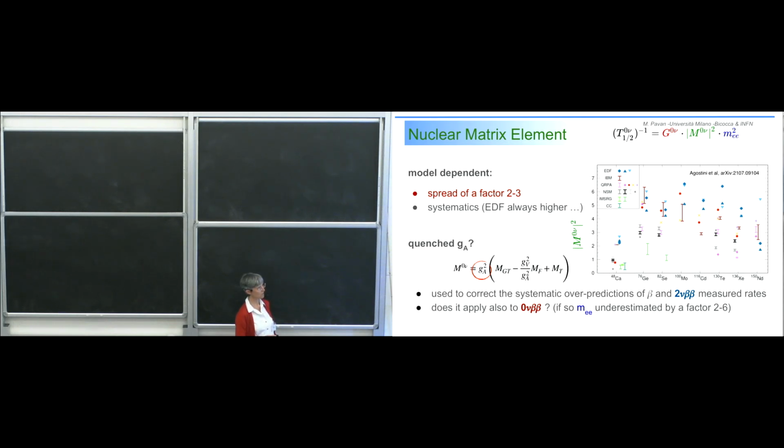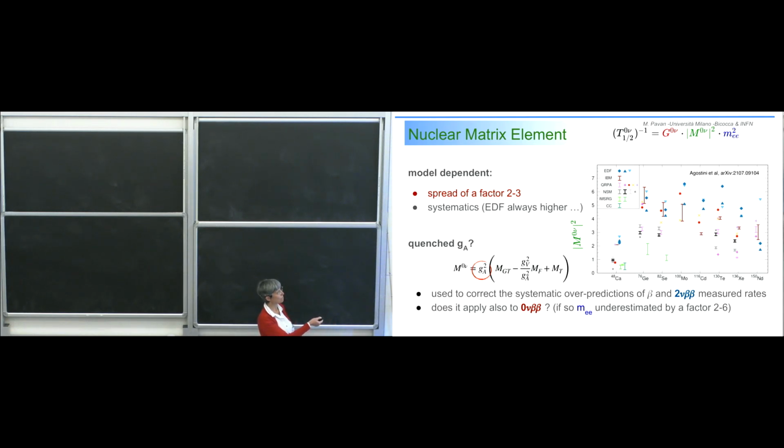What I must say is that when I was a PhD student, this range was much higher, at least one order of magnitude or even more. So now people with my experience, as old as I am, are very glad to see that the spread is now a factor 2 or 3. And you see the problem from the point of view of an experimentalist.